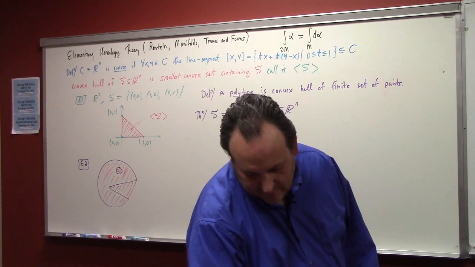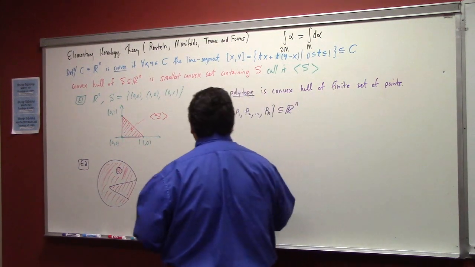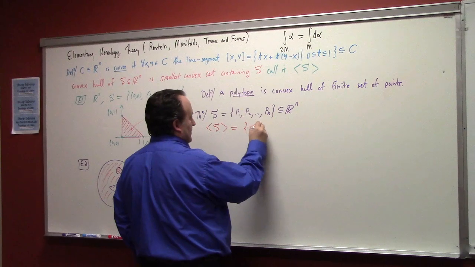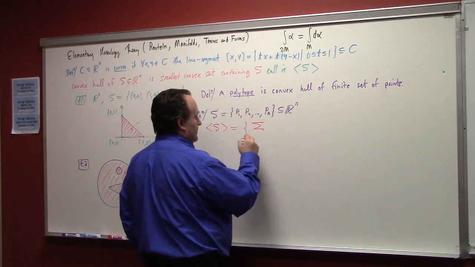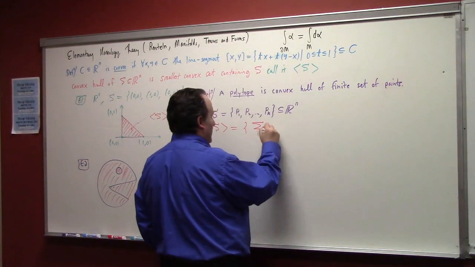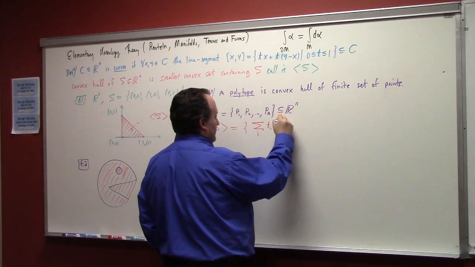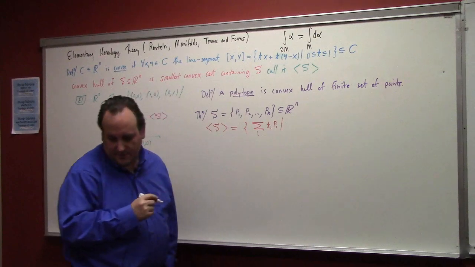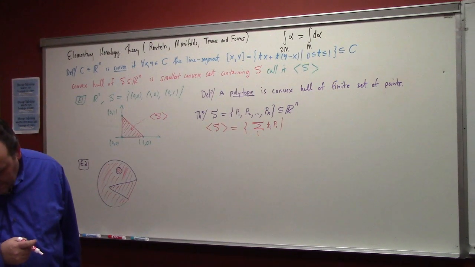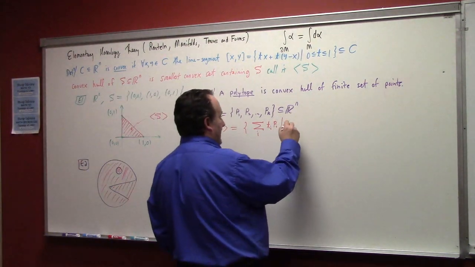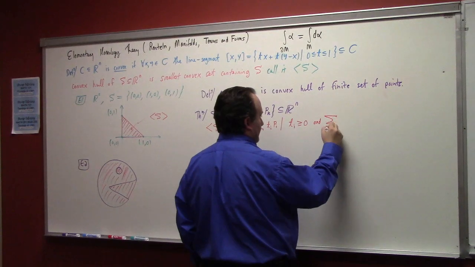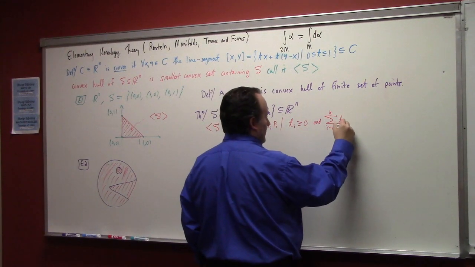And if you want an explicit formula for it, it is like this: the sum over i of t_i p_i such that these coefficients, the t_i's, are non-negative, and the sum of them is 1.